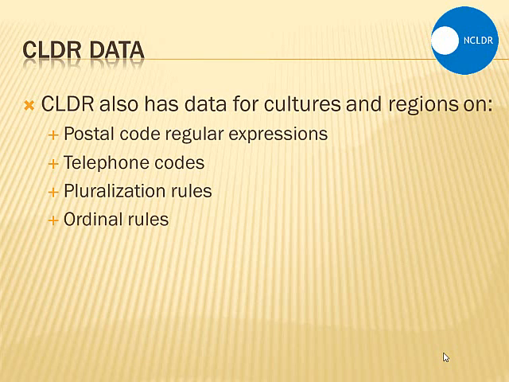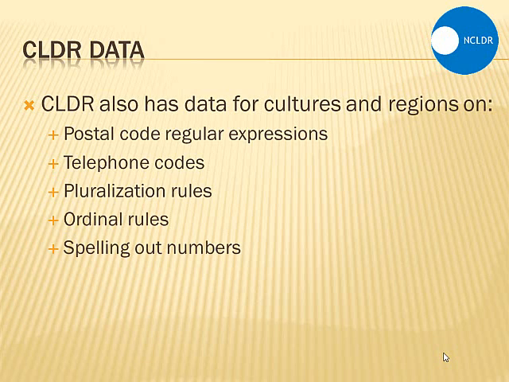And ordinal rules, so issues like first, second, third, not just the translation of the st and the nd and the rd, but the rules which apply, which say what numbers have repeating groups of extensions.